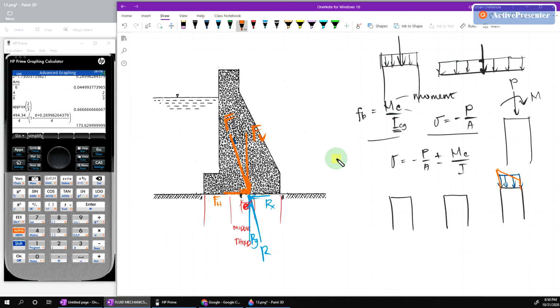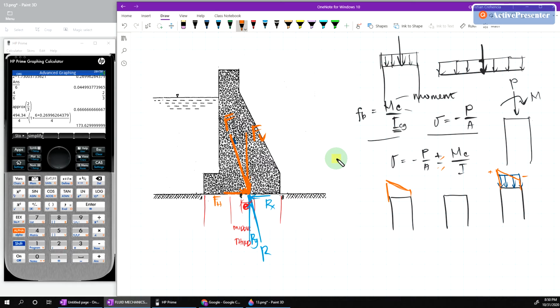So, meron tayong positive moment, yan yung sa tension side, negative moment, negative stress, dito naman ito yung negative, ito yung positive. Okay? So, kapag isinubtract natin yan dito, so yung pressure diagram ng column is pwedeng maging ganito yung shape, trapezoidal.